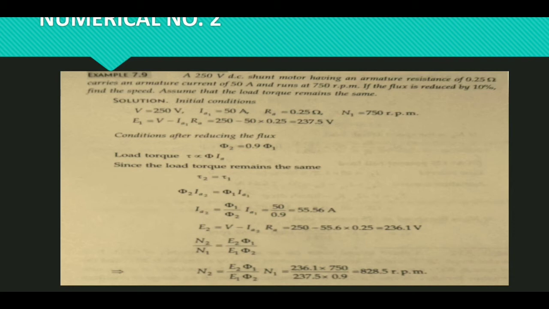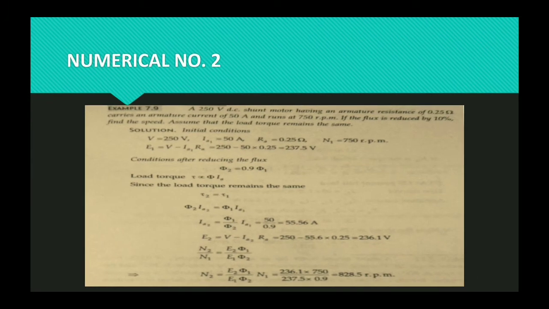So it equals 828.5 rpm. That is the speed of the DC shunt motor in the second condition. Okay, so that's all for numerical number 2.